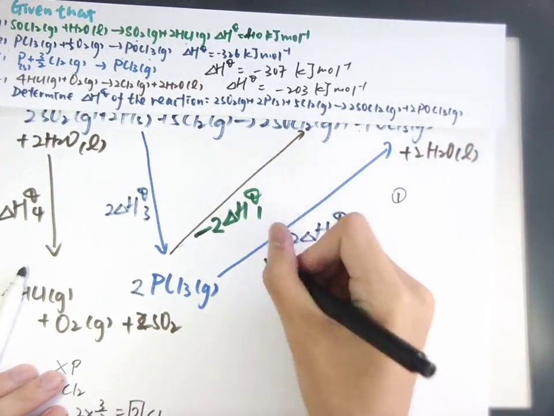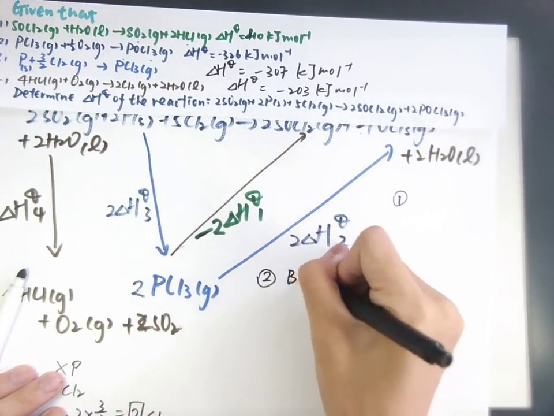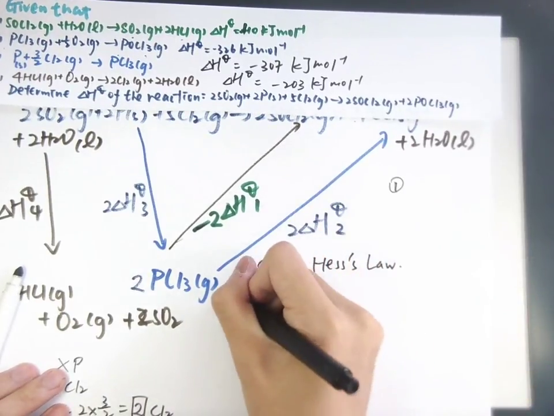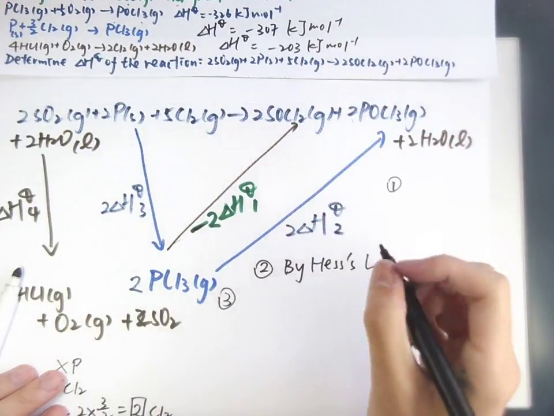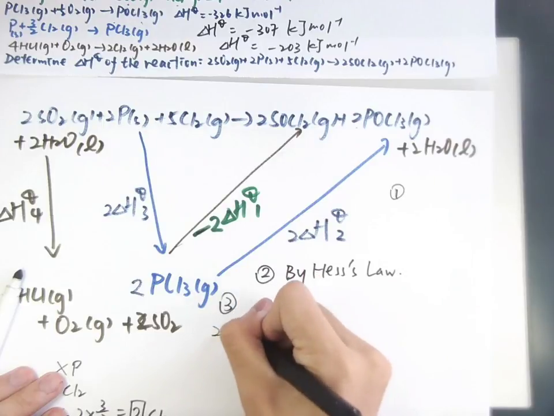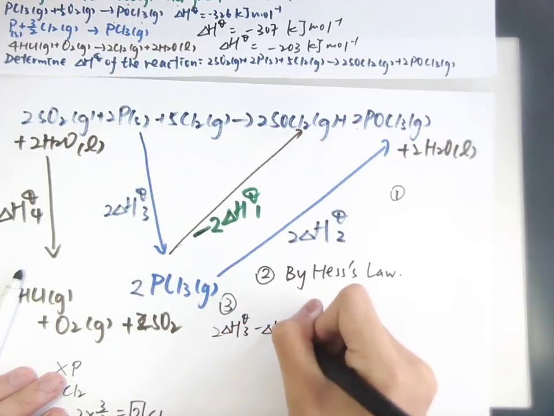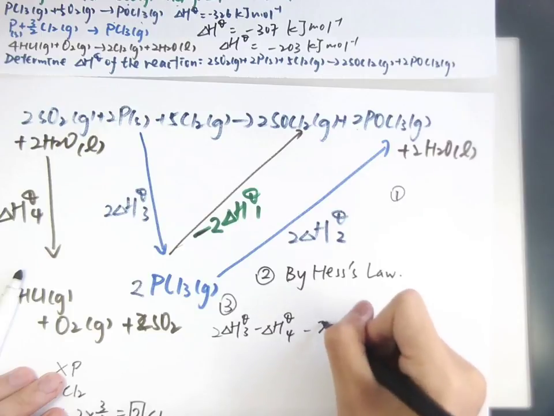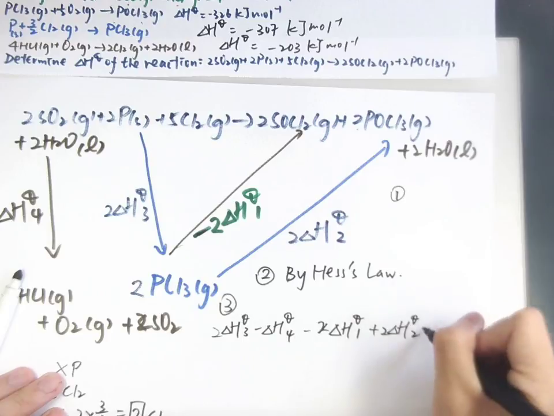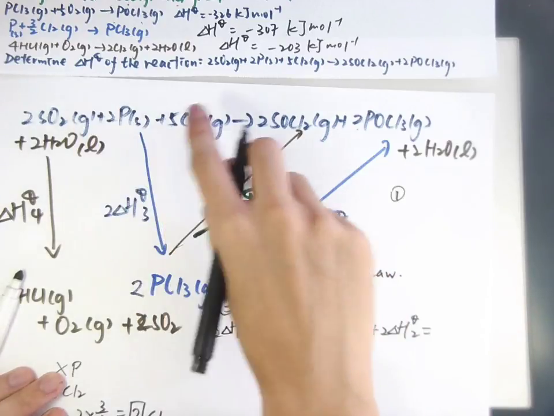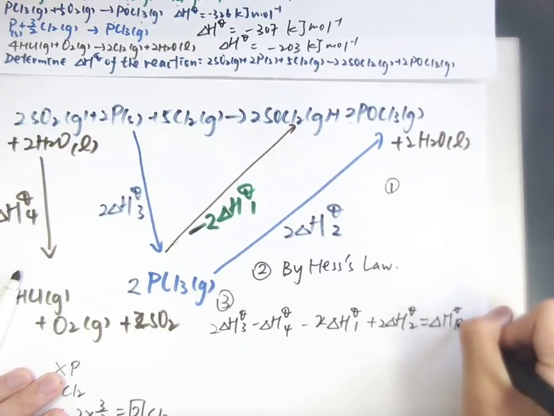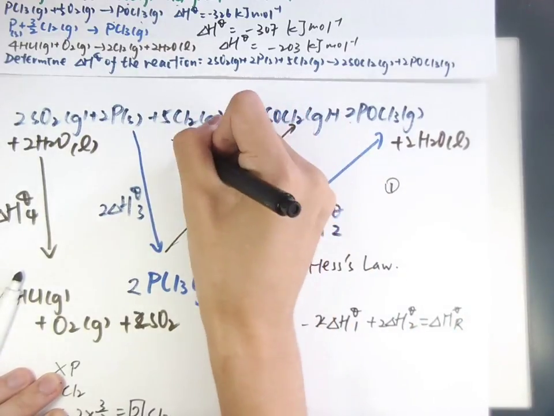Remember, step 2, by Hess's law. Step 3, calculate the answer. The anti-clockwise direction would be these 4, meaning 2 delta H3 minus delta H4 minus 2 delta H1 plus 2 delta H2 equals what? Equals the clockwise direction, which is delta HR. Okay, if it is unclear, then I can show you here. This will be delta HR.